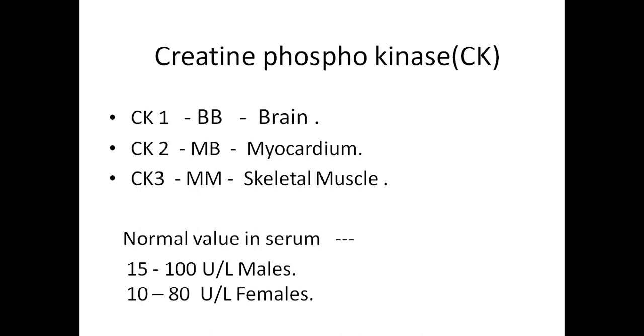CK2 is made up of 2 subunits, M and B, and is mainly present in myocardium. CK3 is made up of 2 M subunits and is mainly present in skeletal muscle.